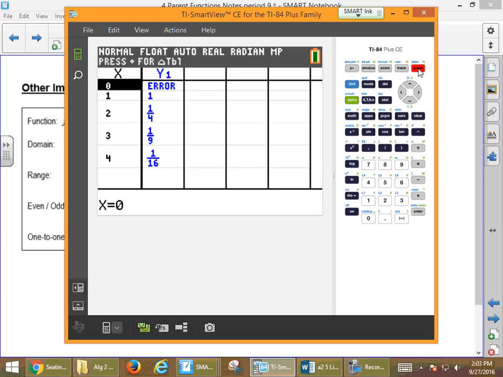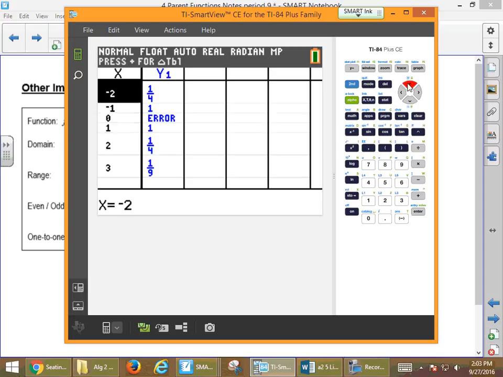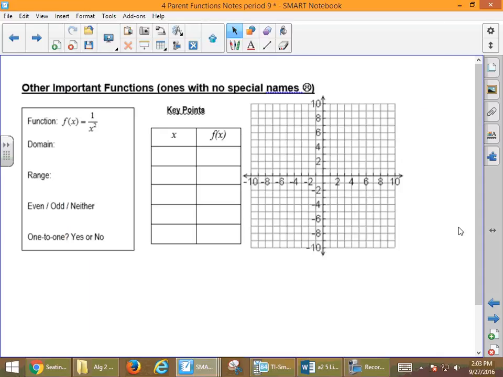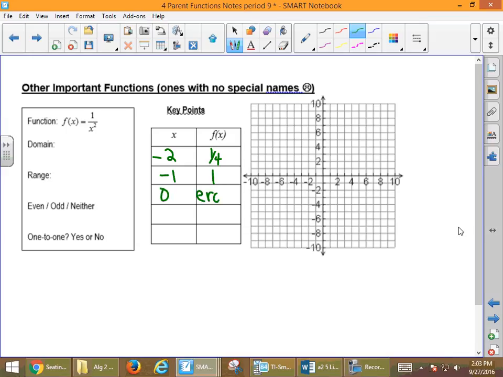But in terms of points, I didn't do anything really too fancy. I did -2, 1/4. Did -1, 1. And I know, how about the 0 error? I think I wrote that down on the front page.